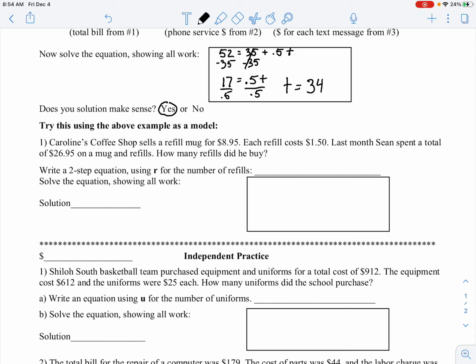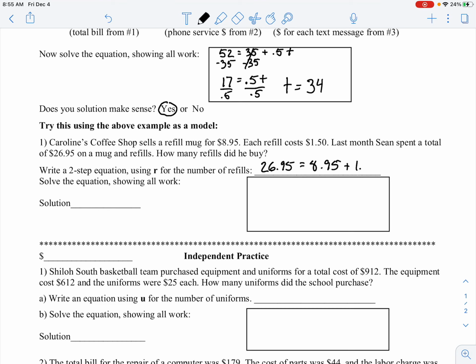All right, well, if we're following the example from above, the total he paid was $26.95 equals, well, we want the one-time payment that he made for the mug, right, which was $8.95, and we want our variable attached to the part that could be changing.